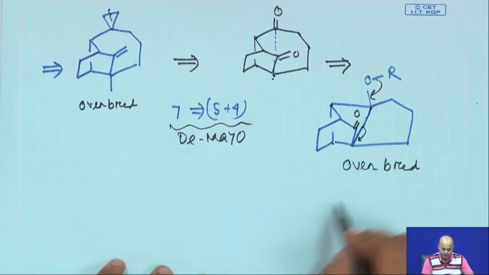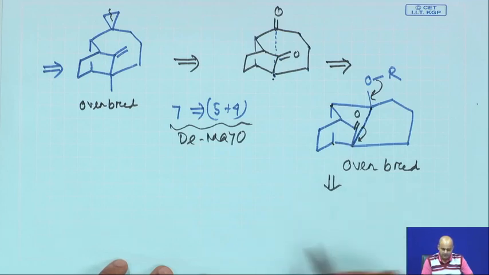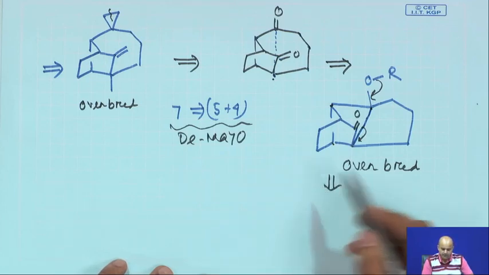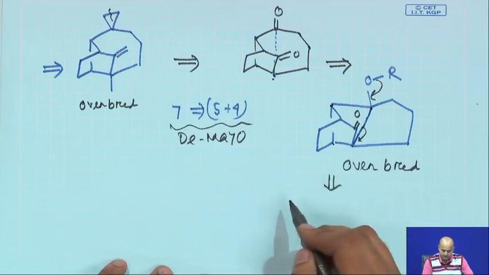Now, this gives you a very crucial disconnection, how to now construct the 2 pi and 2 pi system through an intramolecular photocycloaddition.